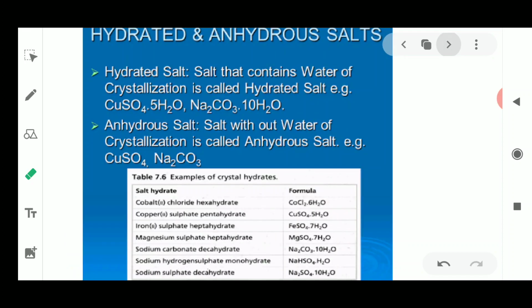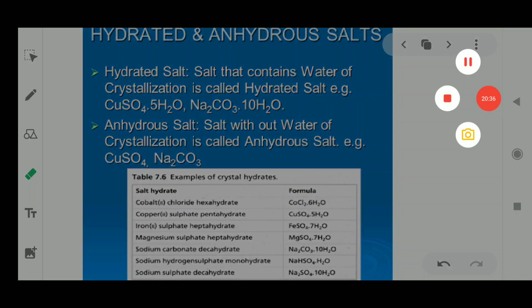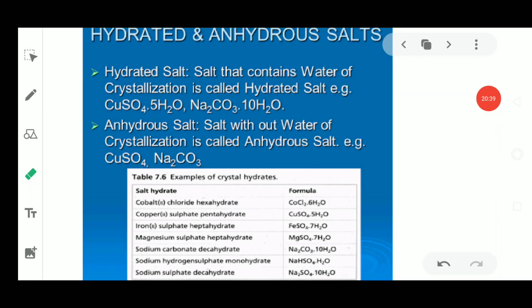Now next thing is the meaning of hydrated and anhydrous salt. I have told you that hydrated salts are the salts which contain water of crystallization. It's written here, and given in your book also, which we have discussed already: CuSO4.5H2O and Na2CO3.10H2O.